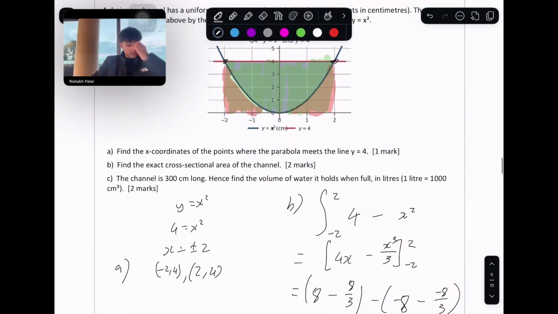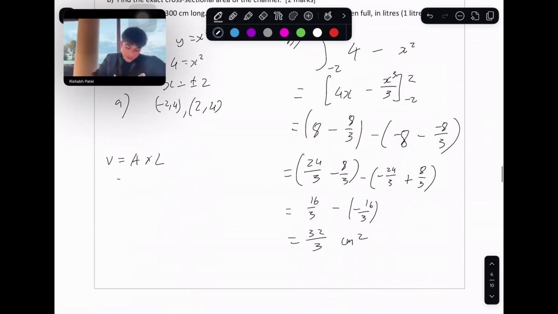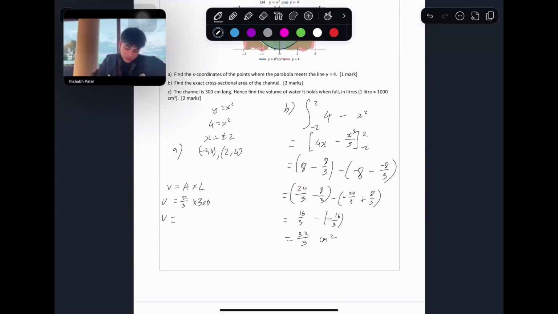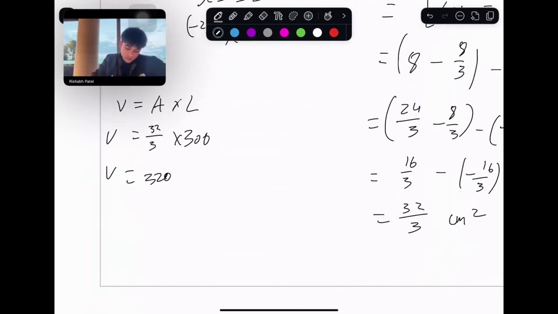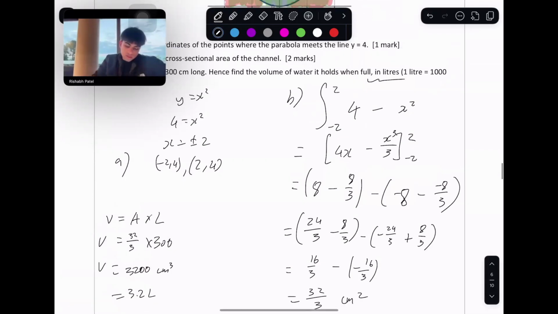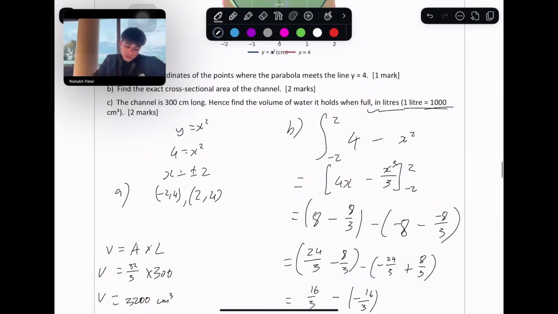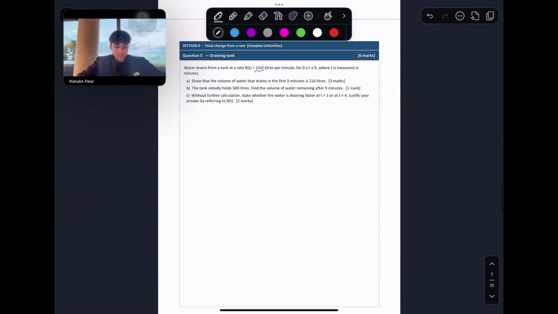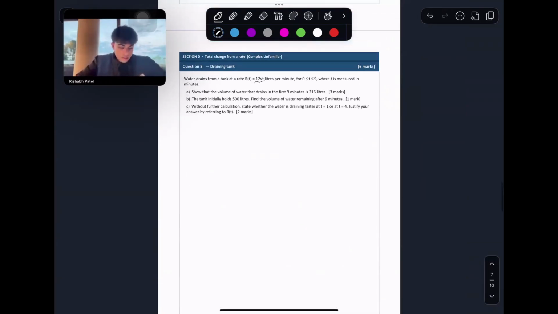We know that the cross-sectional area is 32 on 3. If we have a length of 300, we know that the volume is going to be 3,200 centimeters cubed. So you get 3.2 liters, since the conversion rate is 1 liter is equal to 1,000 centimeters cubed.